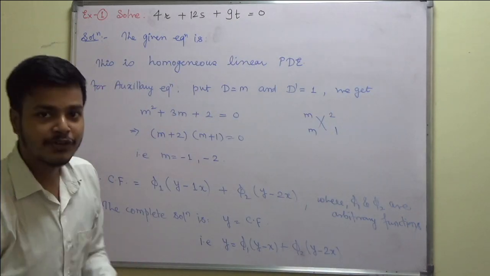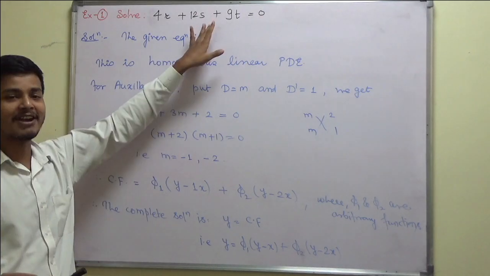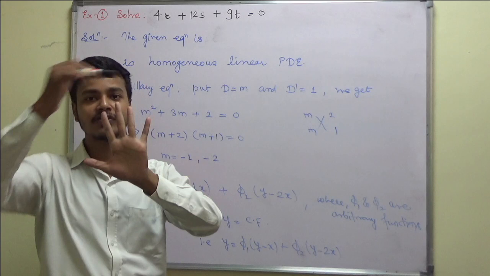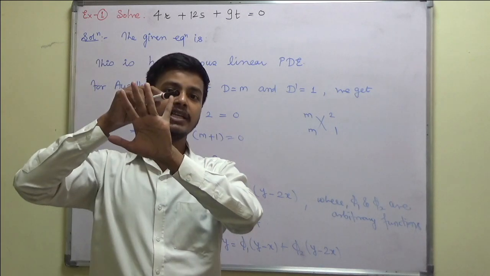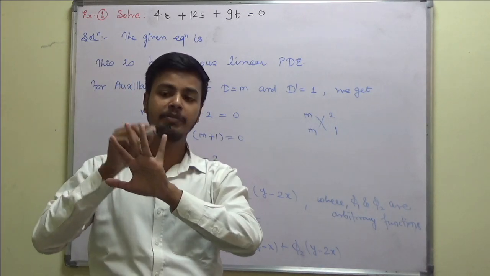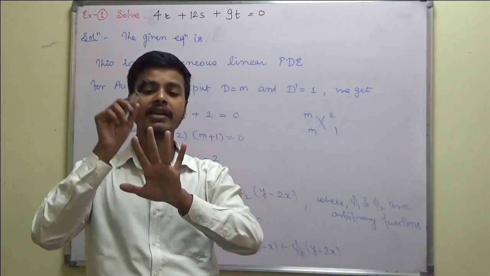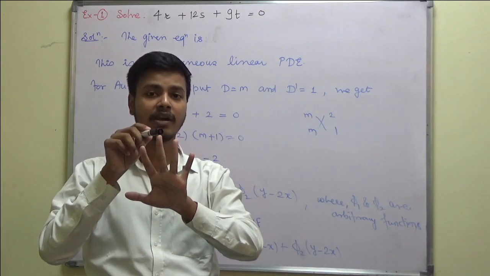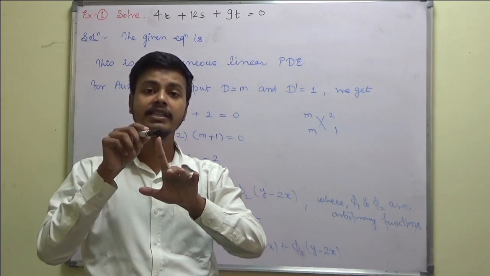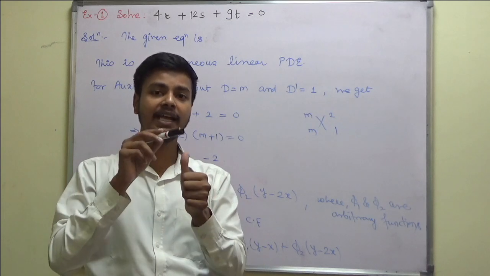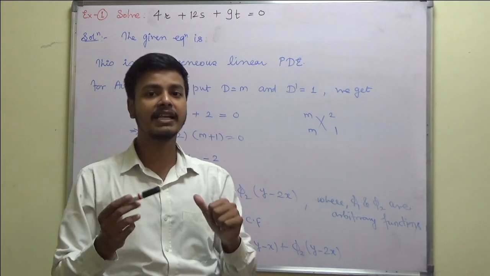Now if you are not getting the feeling of partial differential equation, these are nothing but the notation. Do you remember the rule of this? This is p, small p, that is del z by del x. This is small q, del z by del y. This is r, small r, del 2z by del x square. This is t, that is del 2z by del y square, and this is s, del 2z by del x del y.